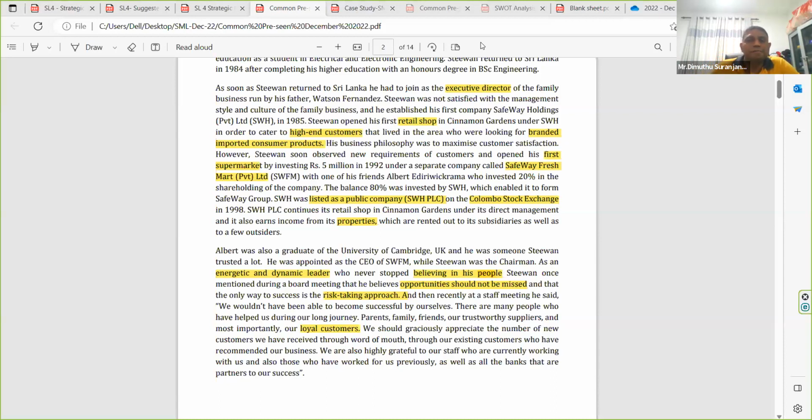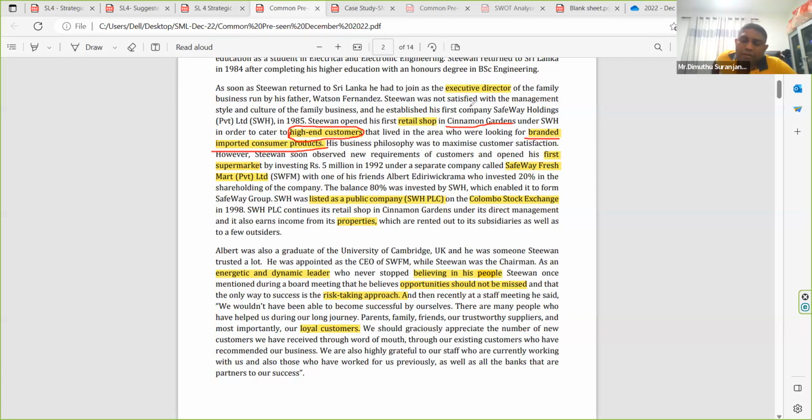So here in this information, see where it is located: Cinnamon Garden. It is clearly given what type of customer they are serving also. High-end customers. So who are high-end customers? Are they poor people or high-income earners? High-income earners that live in the area who are looking for branded imported consumer products.